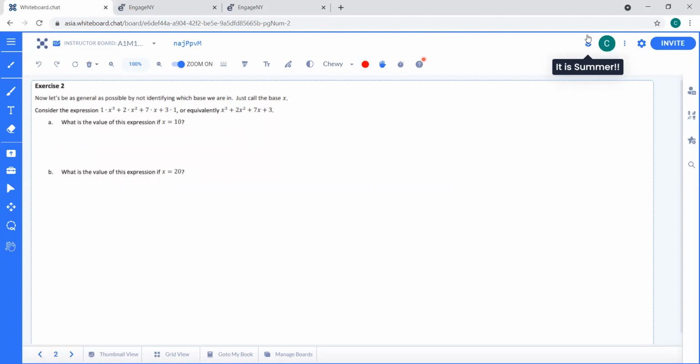Now, what would be the value if we plug in 10 for x? So what's 10 to the third?